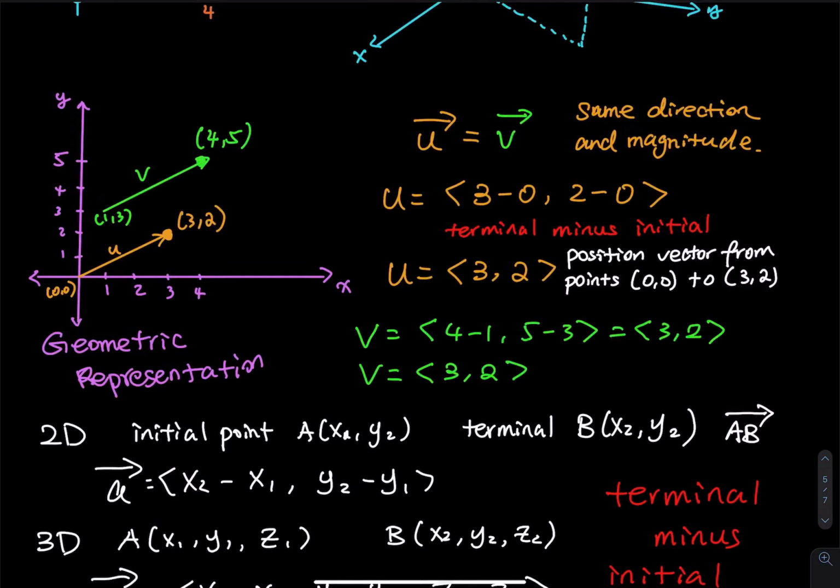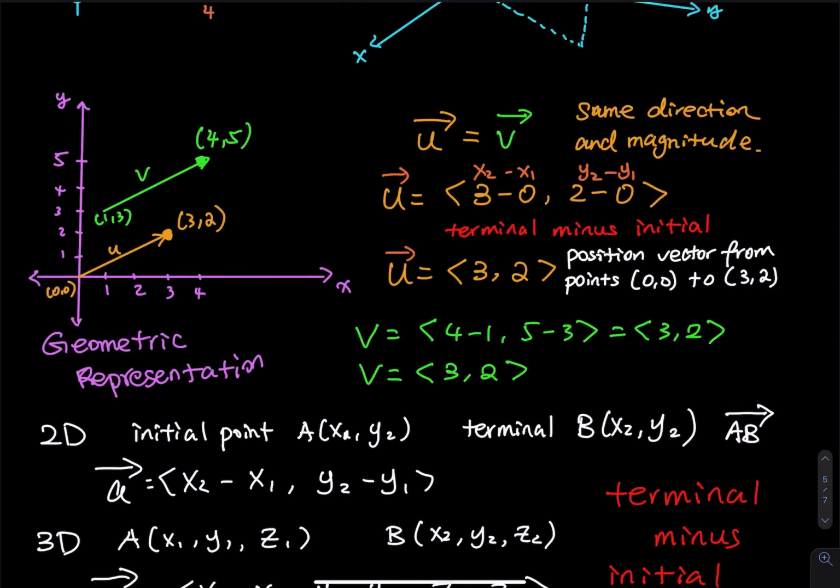This is just like x2 minus x1 and then y2 minus y1. Always terminal minus initial. Then 3 minus 0 is equal to 3, and 2 minus 0 is equal to 2. So that's how I know for this vector u, the components are 3, 2. That means you go 3 units to the right and then 2 units up.